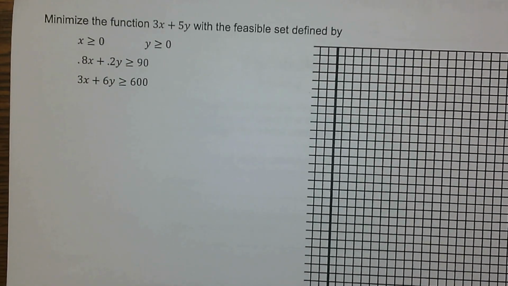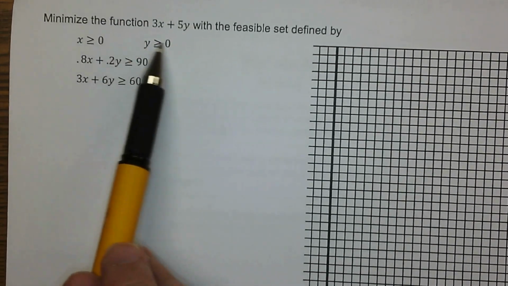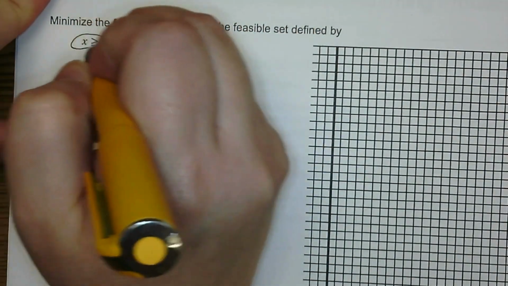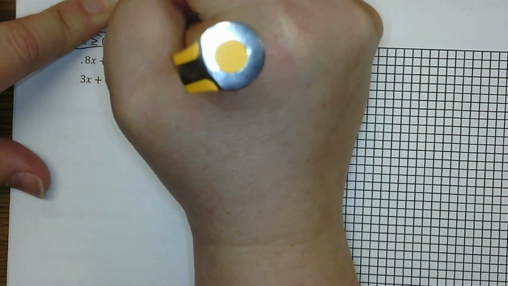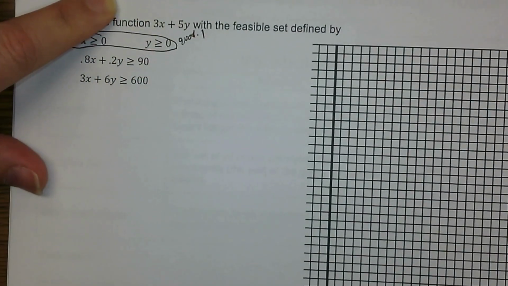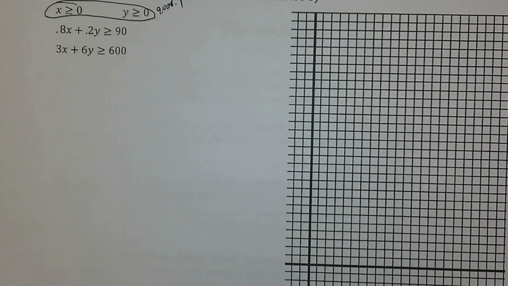Minimize the function 3x plus 5y with the feasible set defined by quadrant 1, x is greater than or equal to 0, y is greater than or equal to 0. This is quadrant 1, which is why the picture is the way it is. Otherwise, we have some decimals. That's fun. So let's get these graphed.